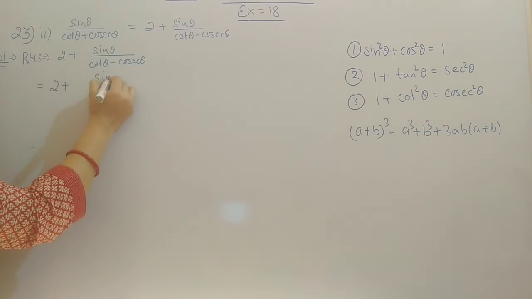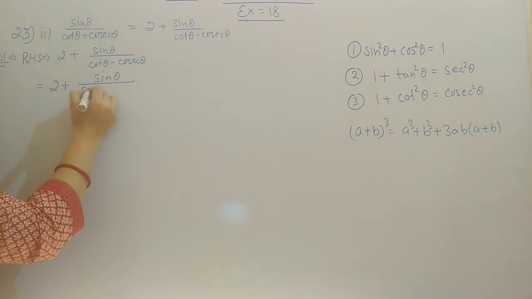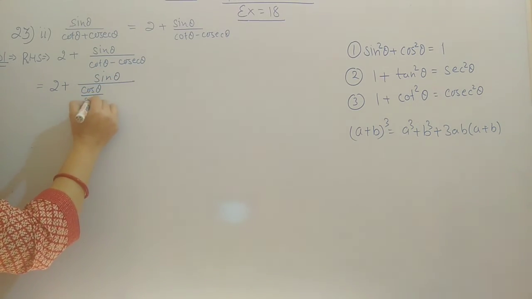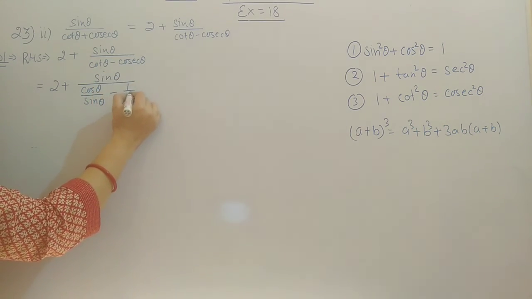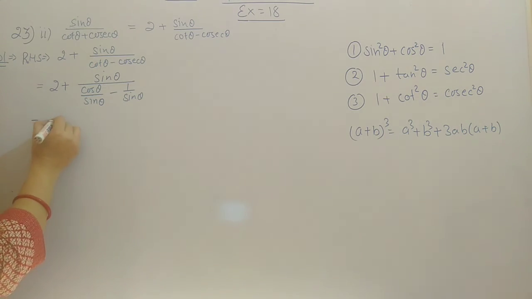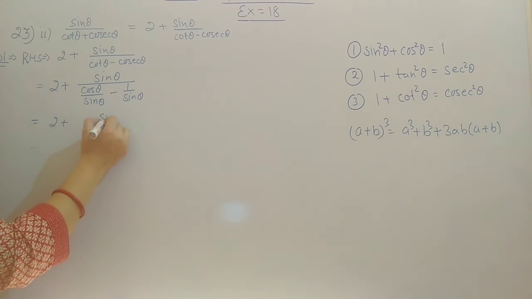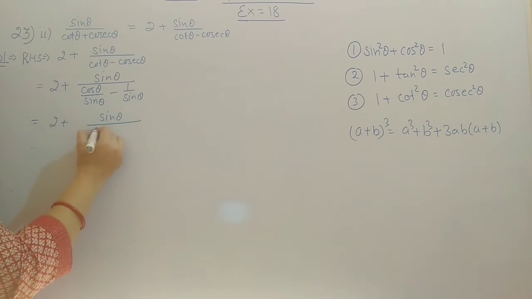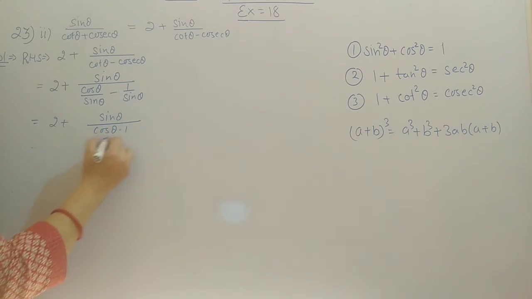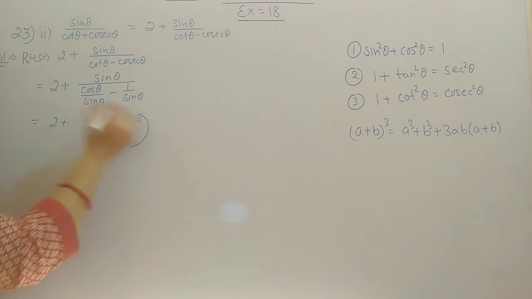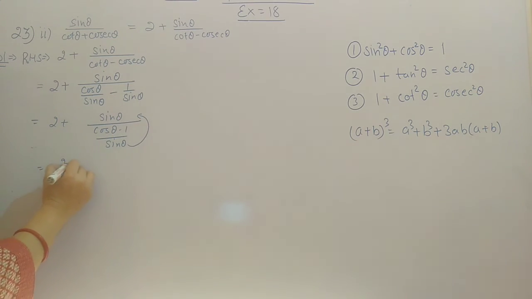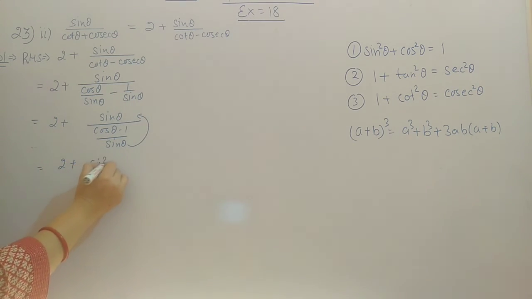We can write cot as cos theta by sin theta, and cosec theta we can write 1 by sin theta. We can take LCM, it will become sin theta by cos theta minus 1 by sin theta, and this by sin theta we can shift up, it will become 2 plus sin square theta by cos theta minus 1.